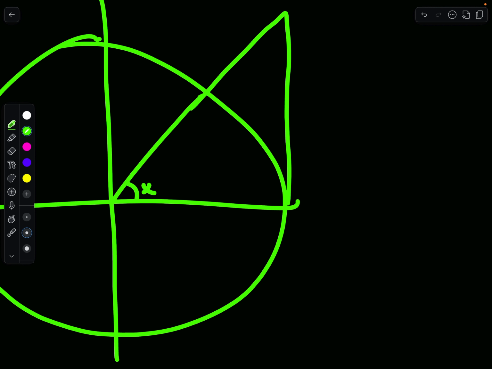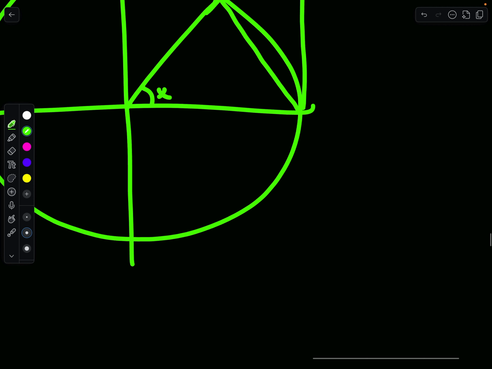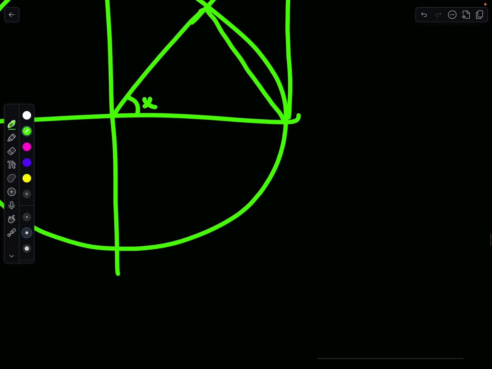So this smaller triangle has area equal to sine x over 2.